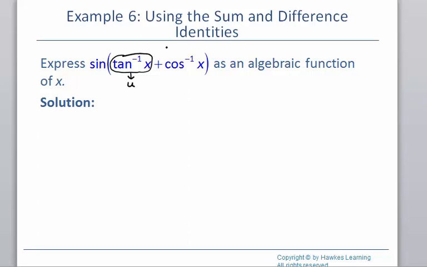Okay? And then we're going to do the same thing for the cosine. The answer to this part, which again is an inverse function, should be an angle, we'll call it angle v. So if you look at what we have now, we have sine of u plus v.